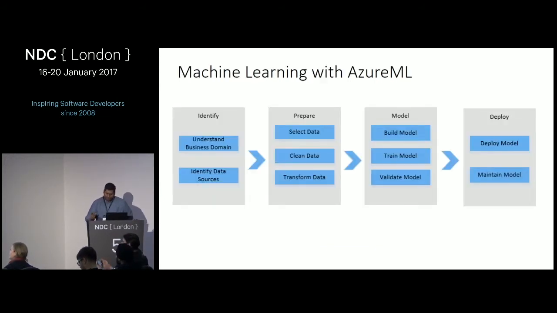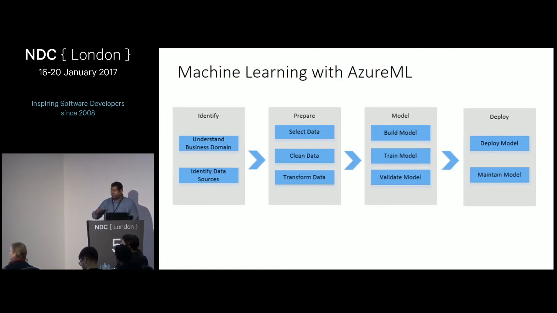So in machine learning with Azure, you have four major steps: identify, prepare, model, and deploy. With identify, what we're looking to address is, do we have a clear understanding of the business domain, and are we able to clearly identify the data sources?